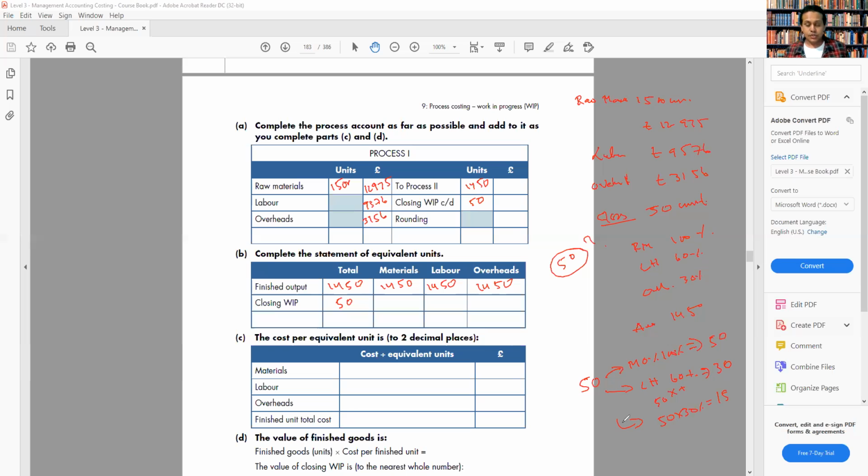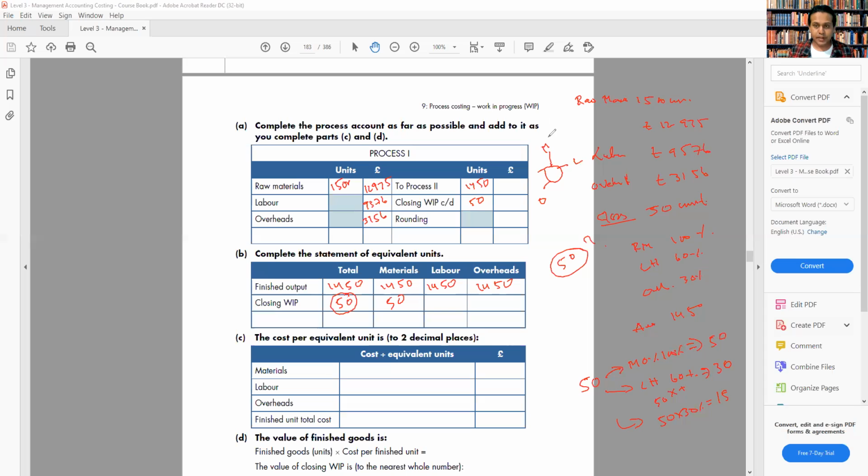That's it. We have to calculate the portion of completion. The material is fully complete, so that is 50. From the closing inventory of 50 units, material is fully complete. In one unit we have three sides. Let's say this is a product. In the product we have three things: material, labor, and overhead.